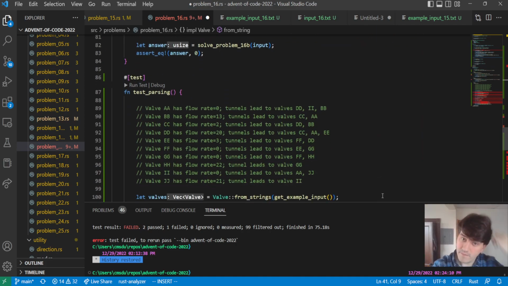And then at the end here we need, this is a little annoying. Tunnels lead to valves. We just want to skip this.